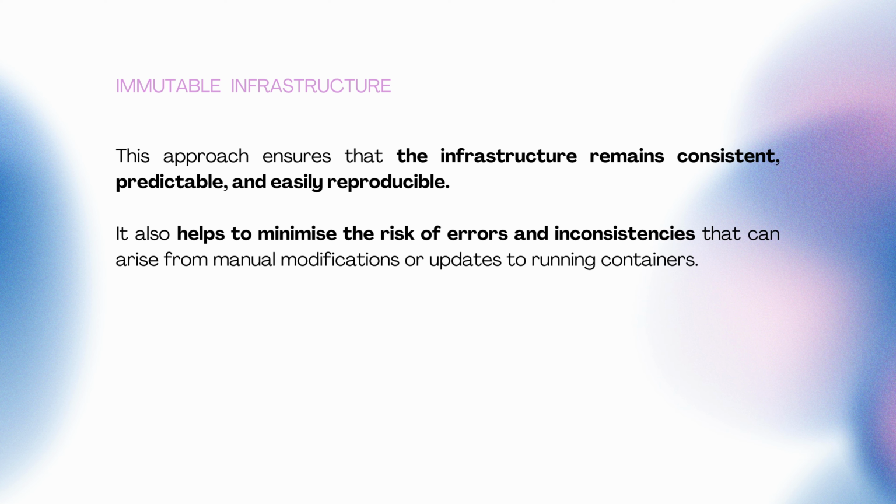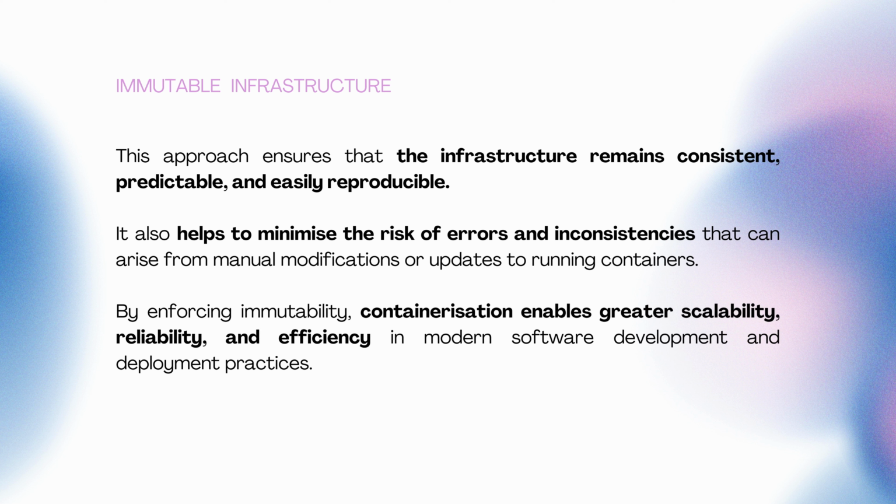It also helps to minimize the risk of errors and inconsistencies that can arise from manual modifications or updates to our running containers. By enforcing immutability, containerization enables greater scalability, reliability, and efficiency in modern software development and deployment practices.